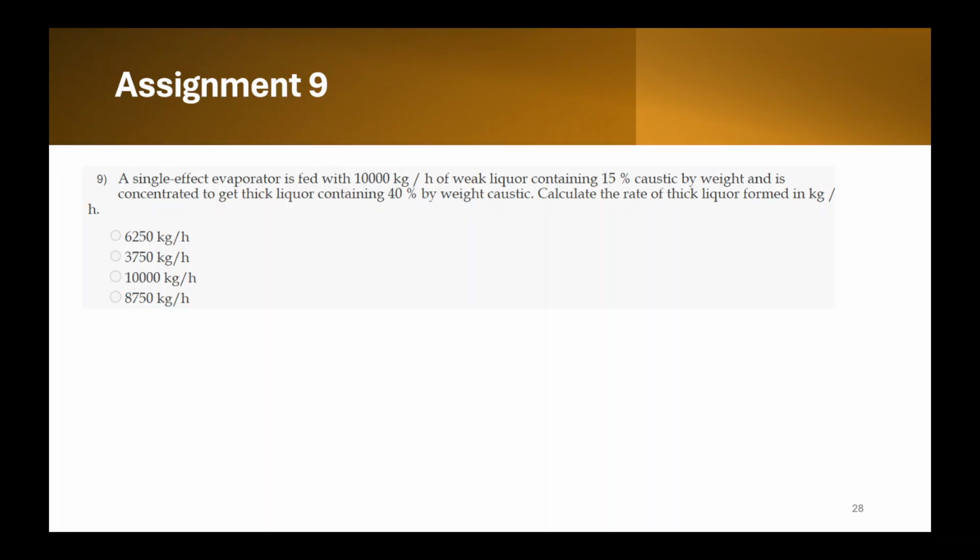From assignment 9, another question: a single effect evaporator is fed with some feed of 10,000 kg per hour of weak liquor containing 15% caustic. So we make this system here. So XC in feed is 0.15 by weight, and is concentrated to get thick liquor.